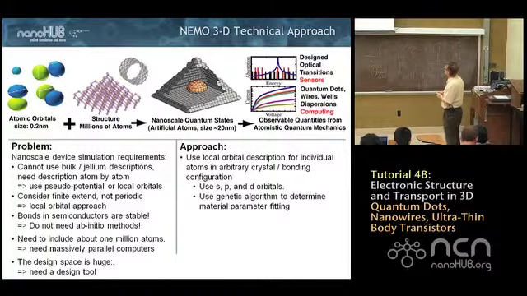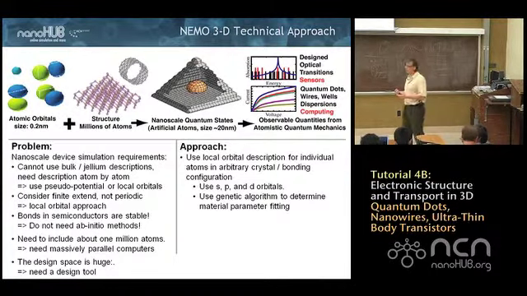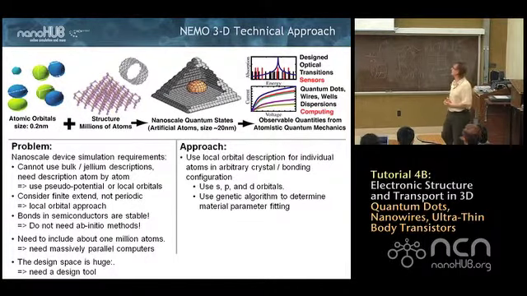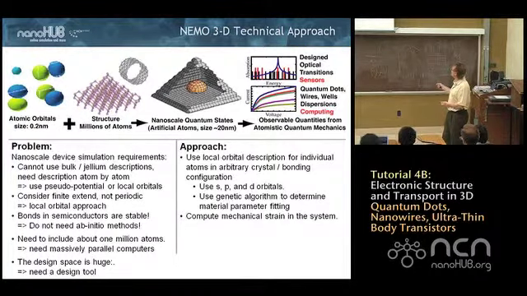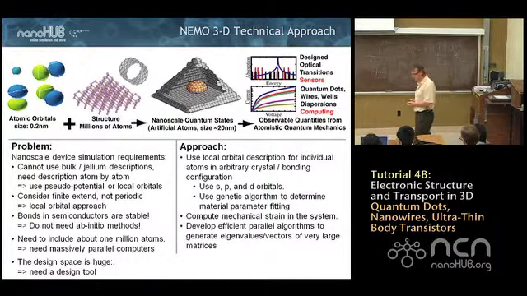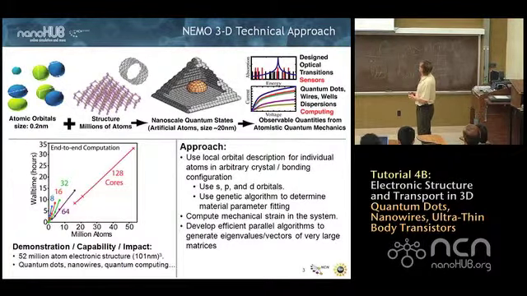So, a big problem was the parameterization of these orbitals, and we developed a generic framework with genetic algorithms that allowed us to fit these tight binding parameters, and so we can use them as a material database and not mess with them anymore. We compute the mechanical strain in the system, and we developed parallel algorithms that were efficient to run on parallel computers. And about 3 years ago or so, when I was already here at Purdue, we demonstrated scaling of this code to very large systems.